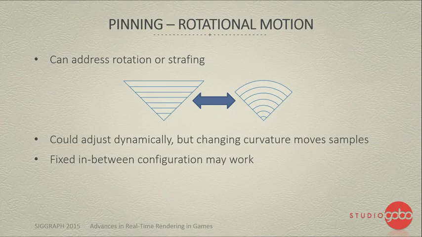So let's say you interpolate 50% between a curved and the strafing-friendly layout. That's definitely worth trying as a first step because it's very simple and easy to try. But for more general camera motion, such as an interactive application where the camera is not constrained and is user-controlled, we weren't able to find a satisfactory solution with these methods so far.